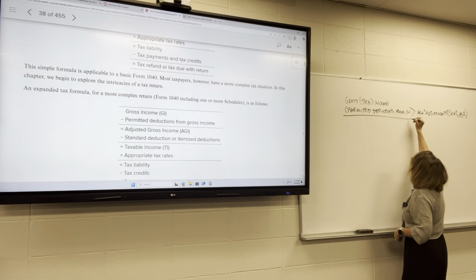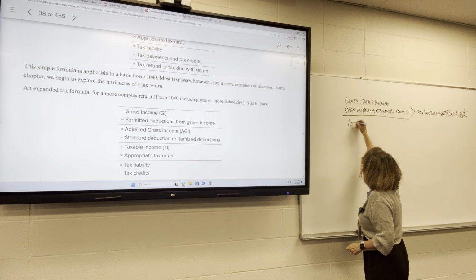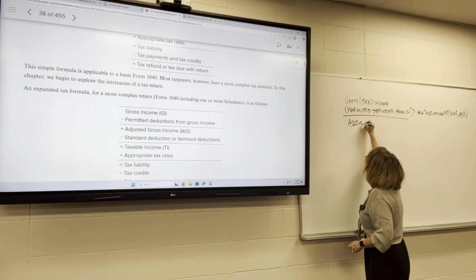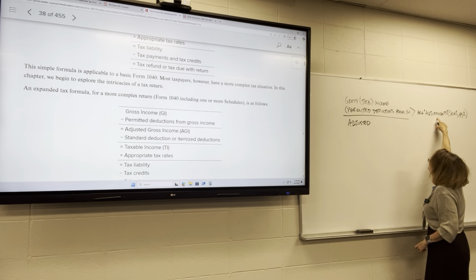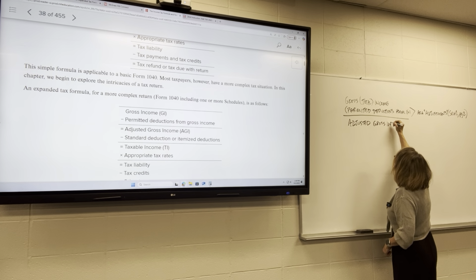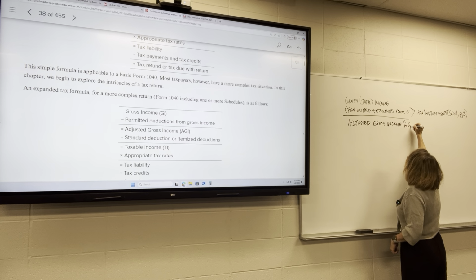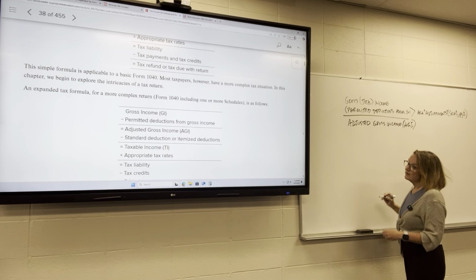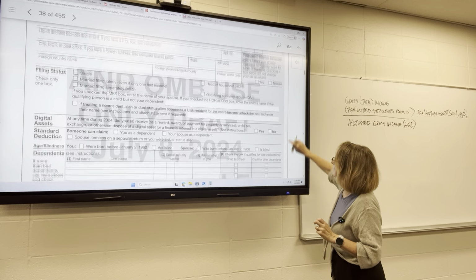This is a subtotal then, and we arrive at adjusted, so there's that word, adjusted, adjustments, gross income. AGI. Now, if you recall, let's see if they have a form here. Yeah, they do.